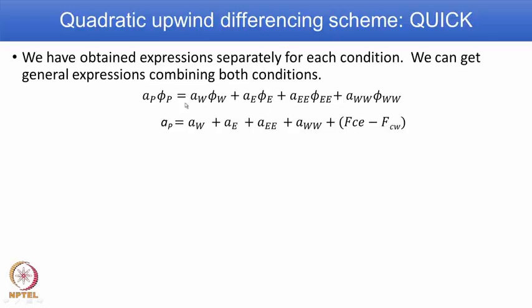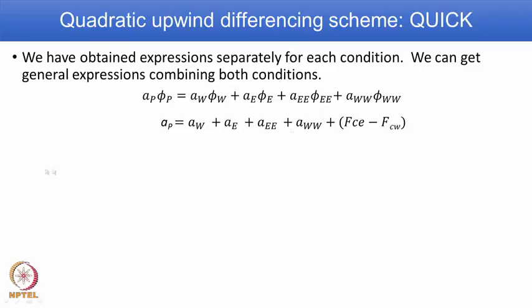In the central approximation or pure upwinding approximation, you had expressions only up to here. Now, when you apply the QUICK scheme, you get two additional terms, phi at EE and phi at WW. Correspondingly, AP is related to the neighboring node coefficients as shown here.